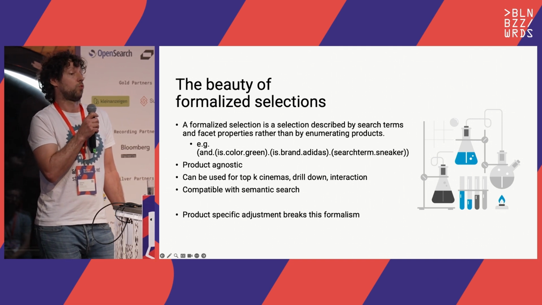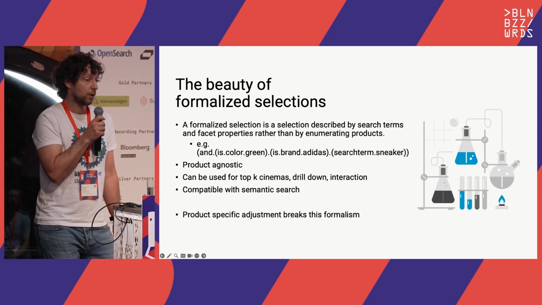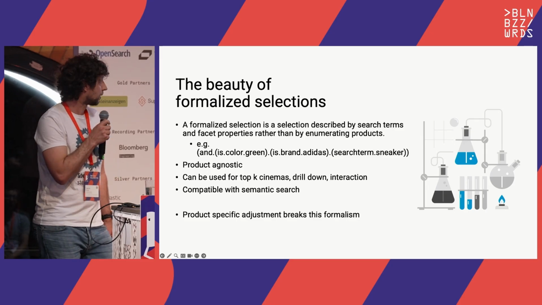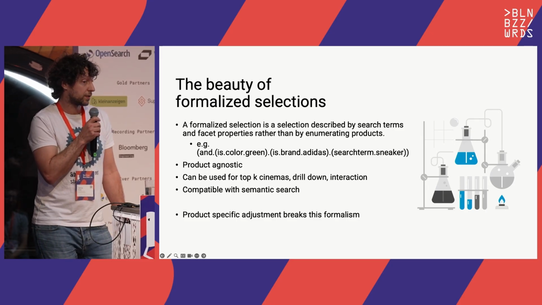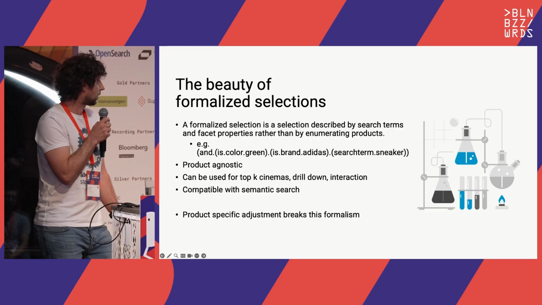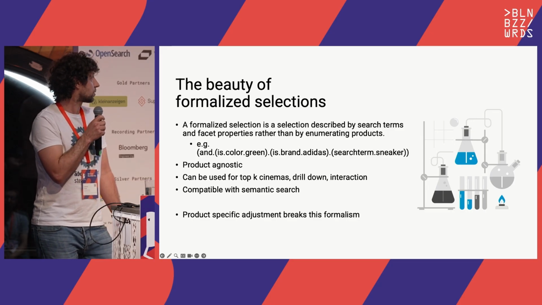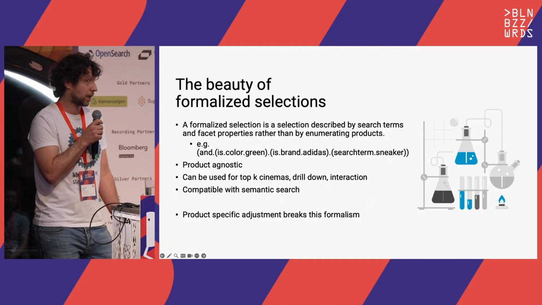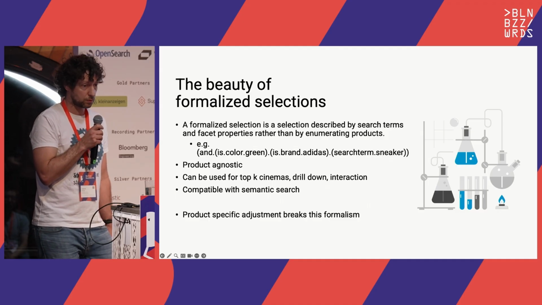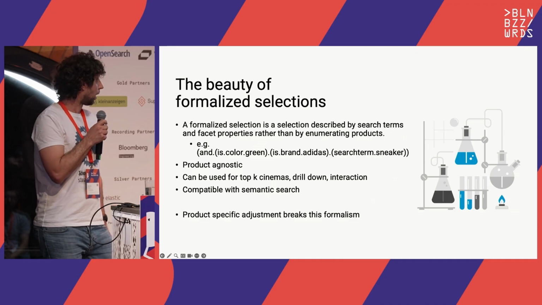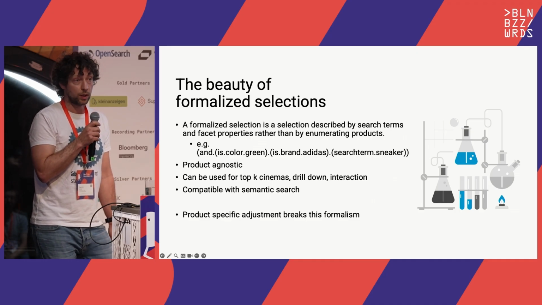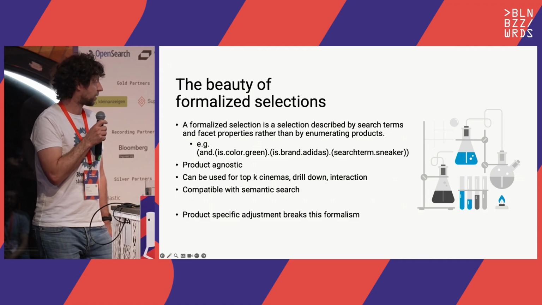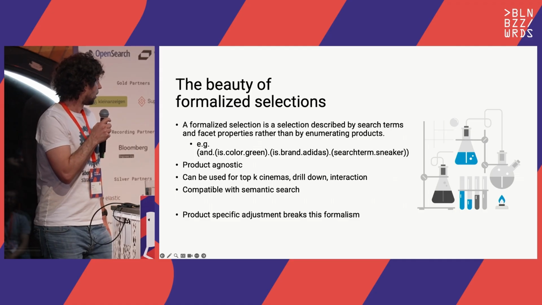So when we kick out products in an adjustment step, we lose this product-agnostic feature. And also we can only work on the top segment. If you think of a larger selection with 1,000 or tens of thousands of products, you cannot adjust them all. So you need a way to deal with the rest of the selection.